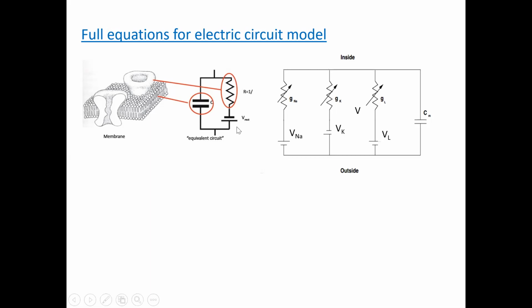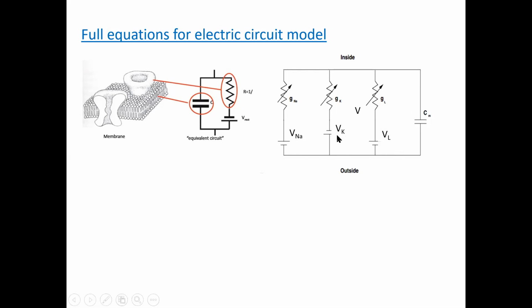So we have this model then for our basic squid axon and most neurons. We have sodium and potassium and what's called a leak current. And a leak current is the current through all the gates which are always open.